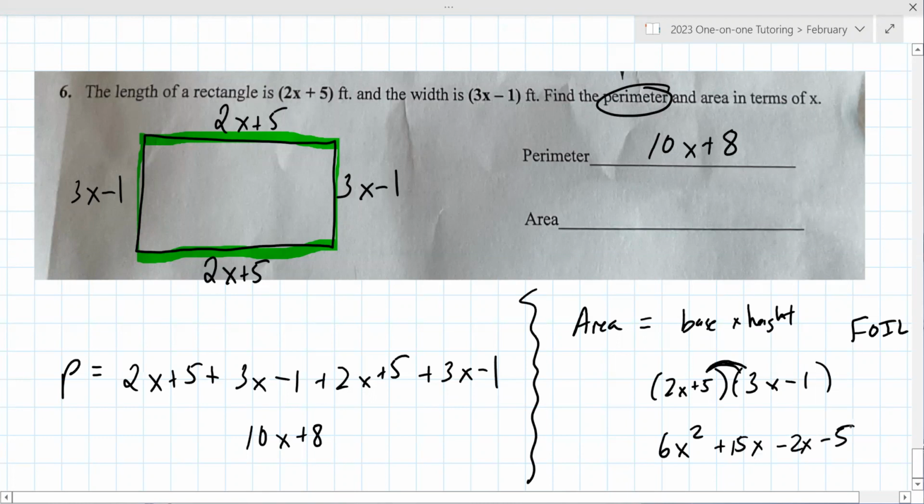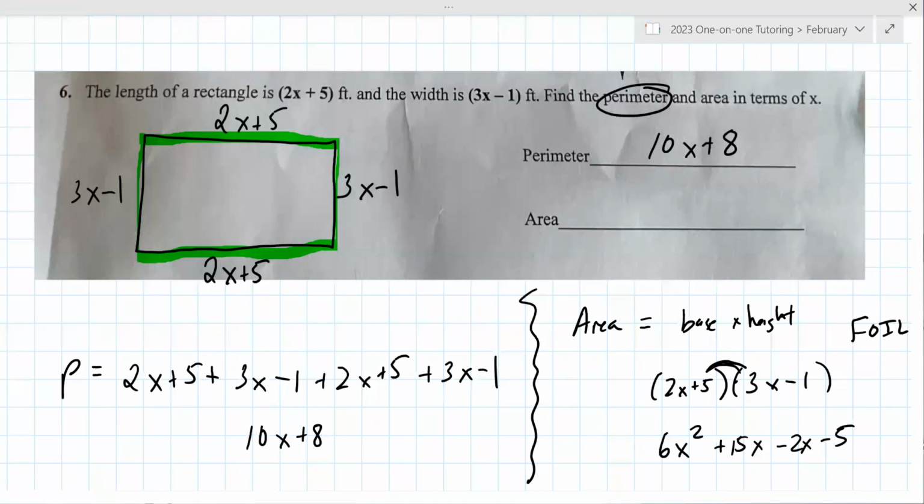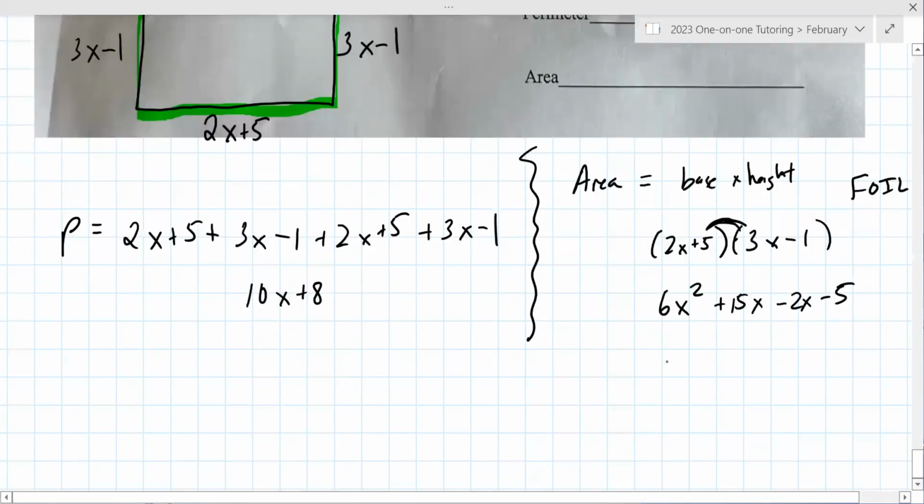I agree. Positive 13. 6x squared plus 13x minus 5. Good.